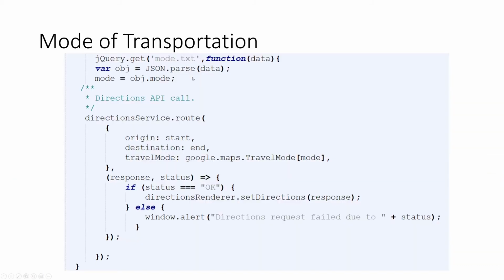And as far as the mode of transportation, how we get that is we use an AJAX call for jQuery get, and then through the success function we're able to parse the mode of transportation as a string from a JSON object, which you'll see in just a second. The only problem with this is that it's pretty much restricted to be inside the success function from the AJAX call, but that's fine. We can just call the directions API from there.